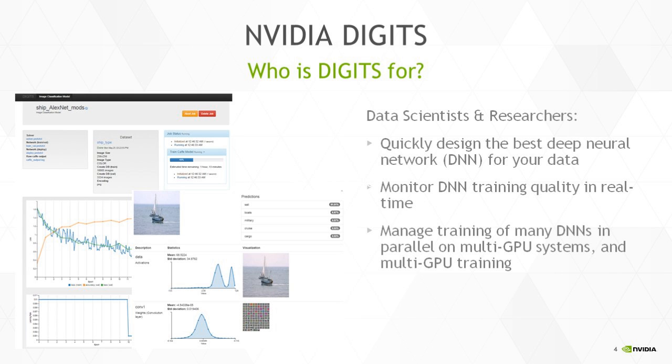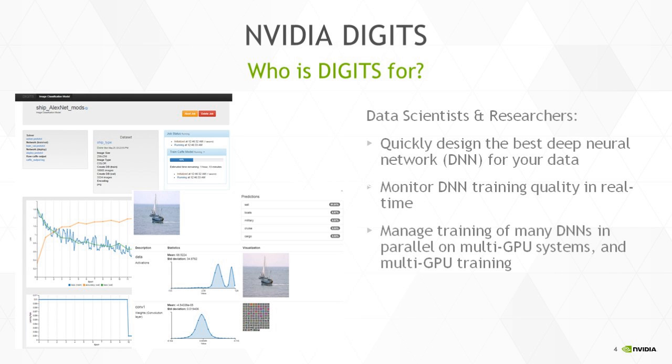There are a lot of neural networks out there, and you may want to take your data and experiment with different neural networks and see how well each performs with your data. DIGITS is really good for that.